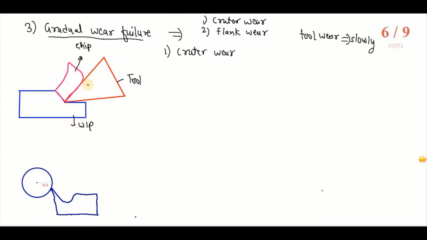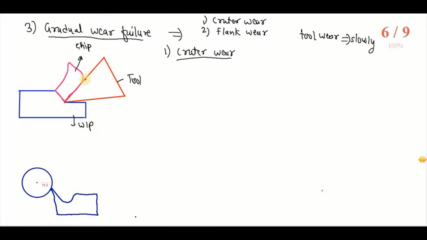Crater wear is mainly due to abrasion between the chip and the face of the tool, at a short distance from the cutting edge, from the tip of the tool.